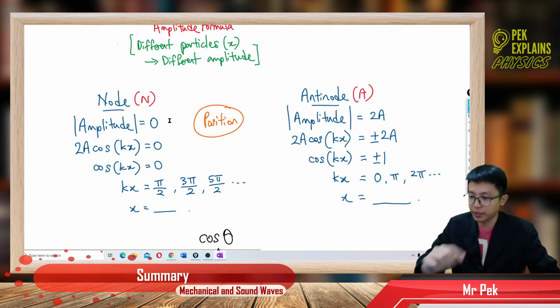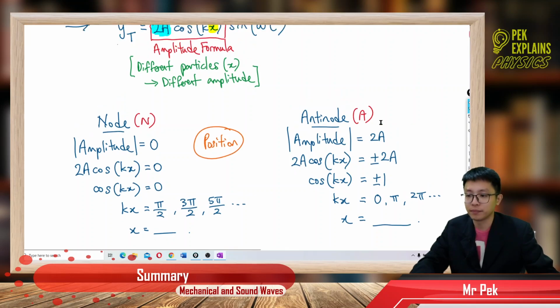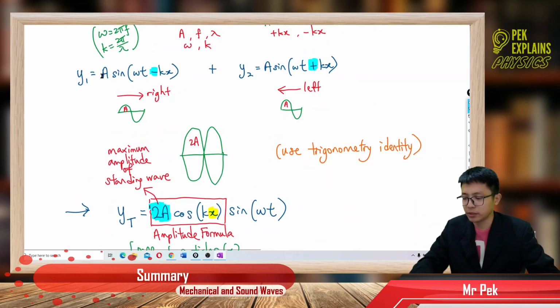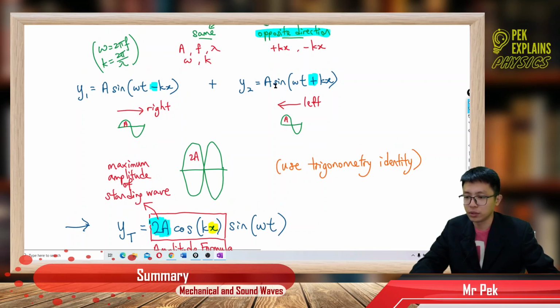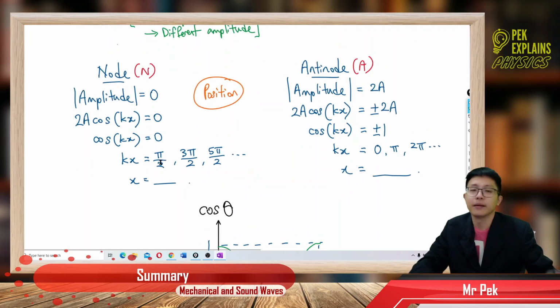Okay, as we know, for node, the amplitude is always 0. For antinode, the amplitude is always the maximum, 2A. Because the individual wave is amplitude A, when you add up, the maximum amplitude is 2A. So 2A is the amplitude for the antinode.